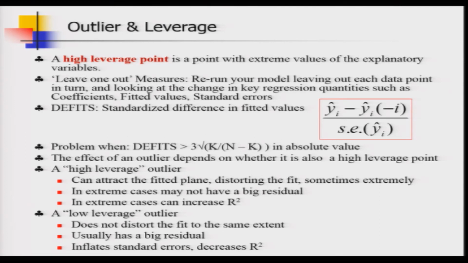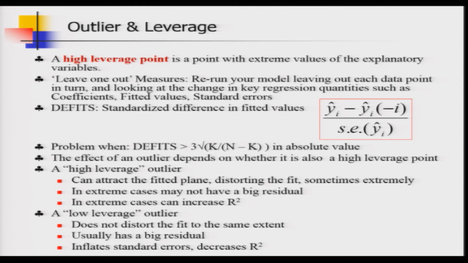Let us look at the measure. We are only going to concentrate on the simplest possible measure. Here the measure is called DFFITS, and the full form is standardized difference in fitted values.